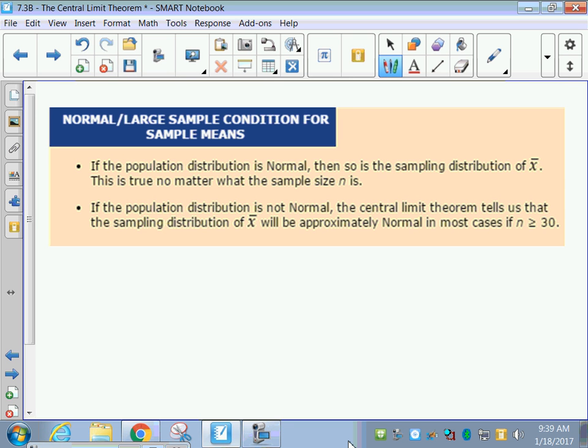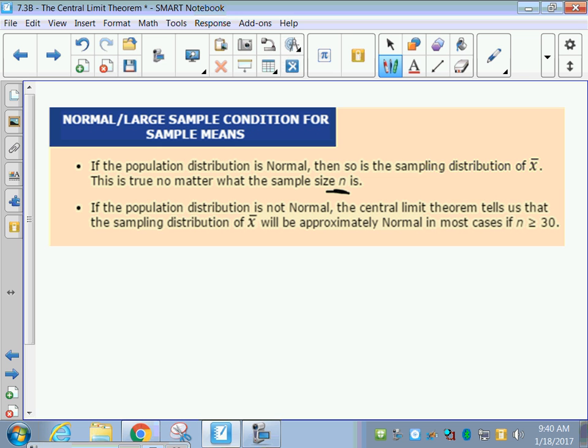This is the large sample condition for sample means. If the population distribution is normal, then so is the sampling distribution of x bar. This is true no matter what the sample size n is. So the problem's going to have to tell you the population's normal, and then it doesn't matter what n is. You can assume your sampling distribution is normal. But the second part, here's the magic number.